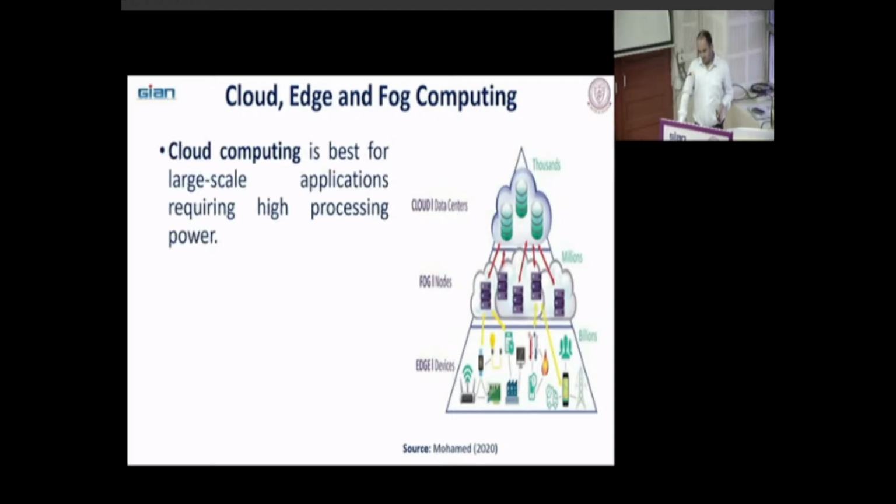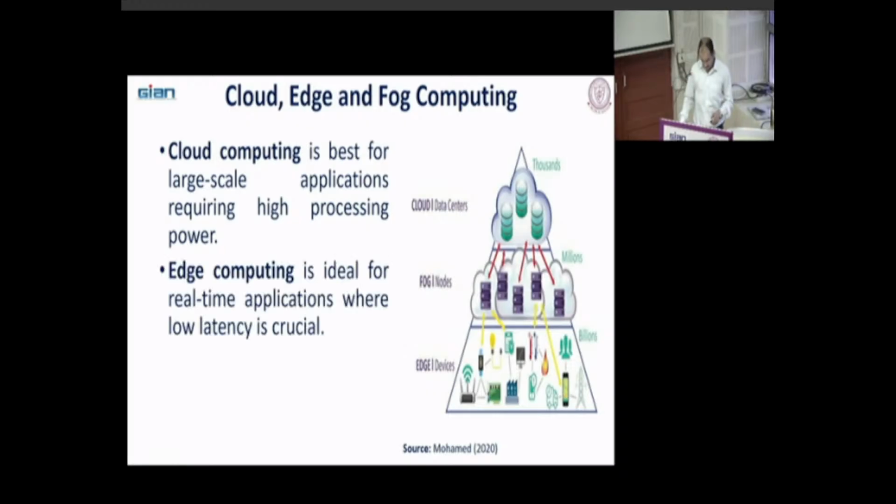Then this is basically the overall comparison. Cloud computing is best for large scale applications requiring high processing. Thousands of cloud servers and data centers are there, so for large scale applications and large scale data, you use the cloud. Then the last stage is your edge.